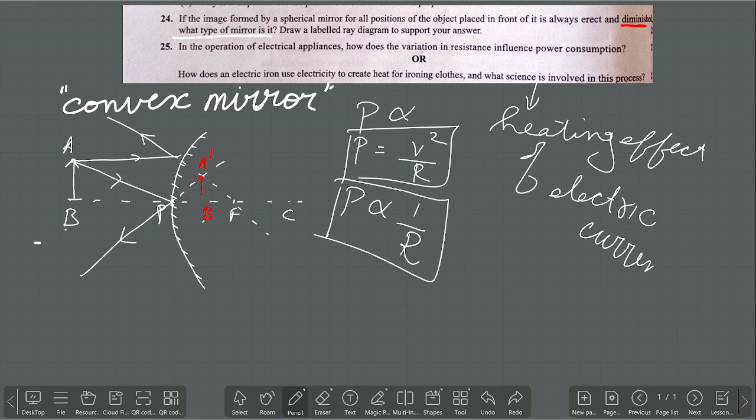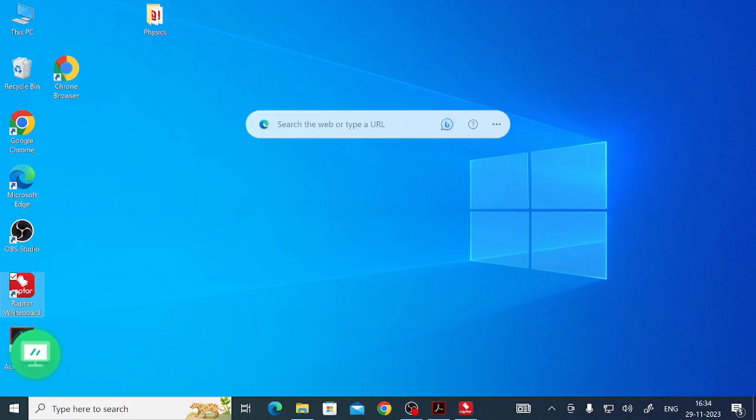That is the science behind that phenomenon. And how does the electric iron use electricity to create heat? Whenever you pass electricity, as in the previous question too, due to the collision of the charges, it will produce heat, and that effect we call the heating effect of electric current. Next.